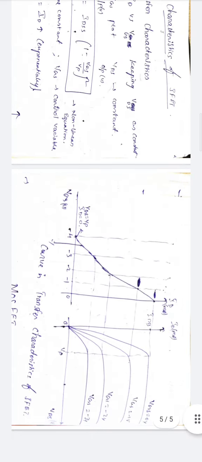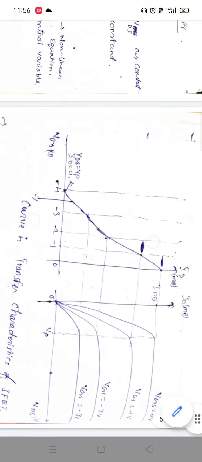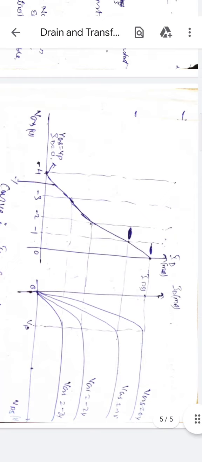Okay, we already discussed this plot. Initially, when we increase the VDS, the output current ID also increases up to the pinch-off voltage VP. When VP is attained, you will get the maximum current ID.